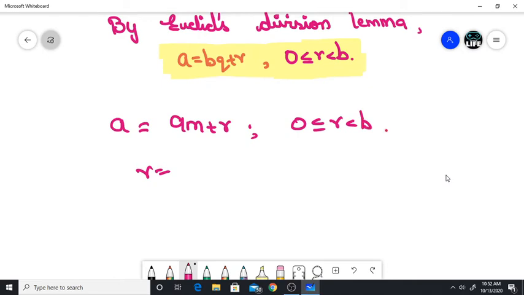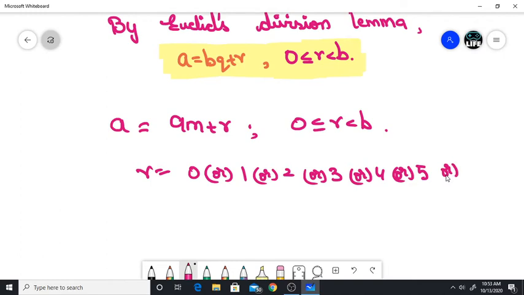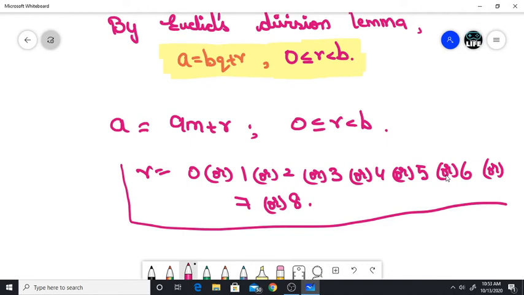So here b is 9. r should be less than 9 and at least 0. So r equals 0 or 1 or 2 or 3 or 4 or 5 or 6 or 7 or 8. We need to check for all these values.